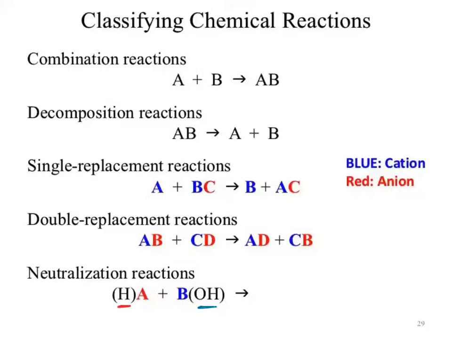Okay? If we added a little bit more information, you would typically see this written as HA(aq), meaning acid. Okay? Acids are dangerous. What do we typically do to acids? We neutralize them doing a neutralization reaction by adding a base. What defines our base? The presence of hydroxide in this class.